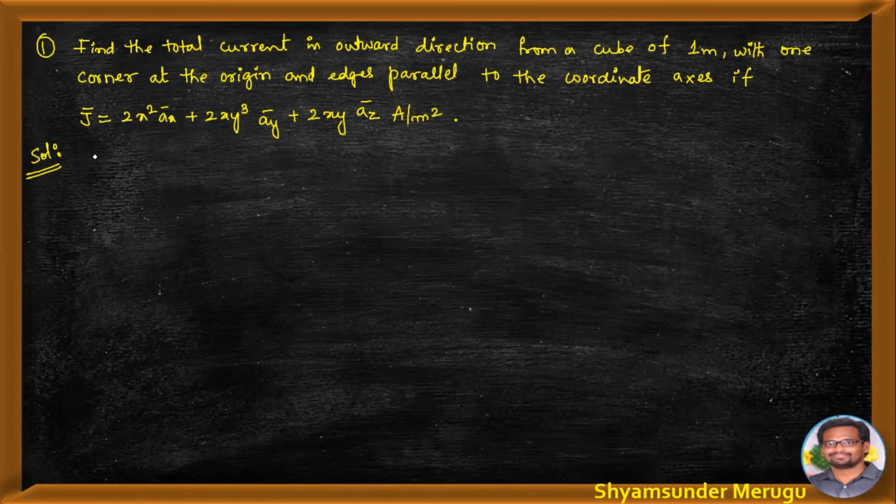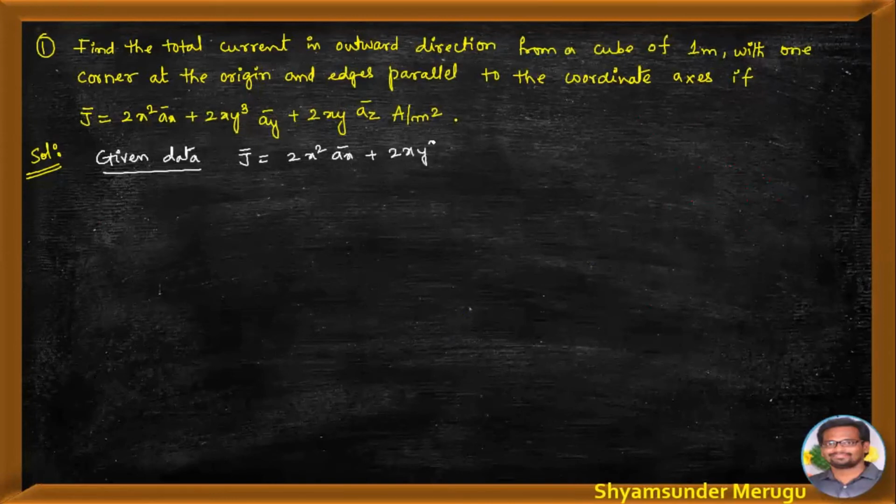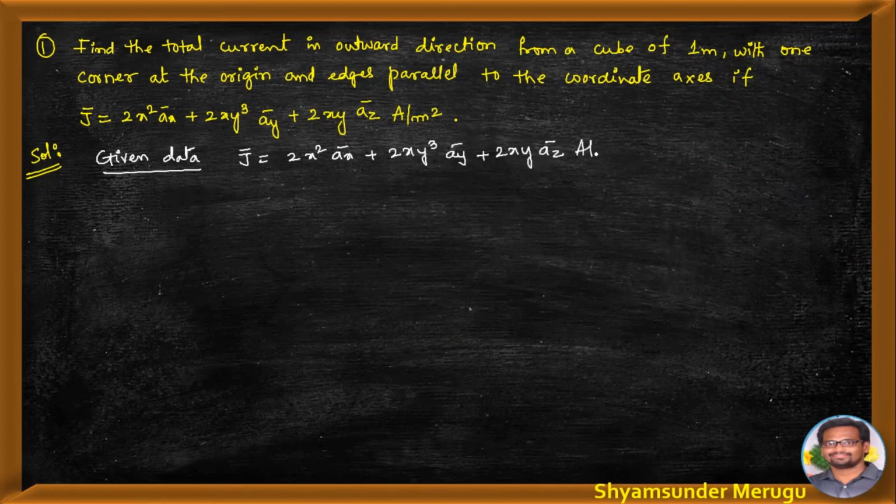Before solving the numerical problem, let us write the given data. The given data contains the current density J bar, given by 2x squared ax bar plus 2xy cubed ay bar plus 2xy az bar ampere per meter square, and also a cube of 1 meter length located at the origin with its corner and edges parallel to the coordinate axes x, y, z.